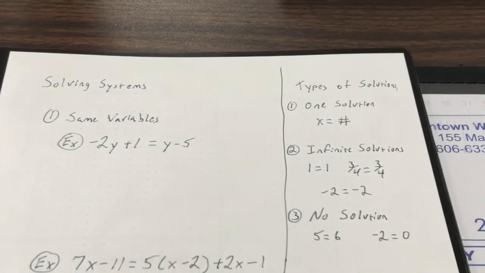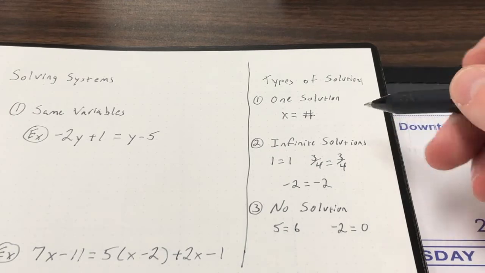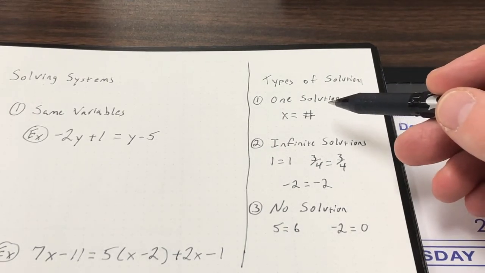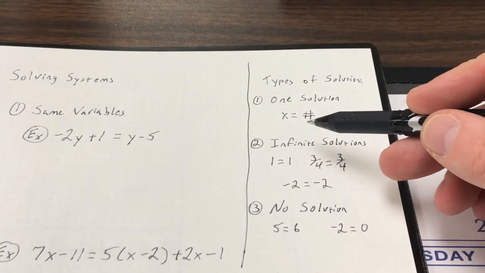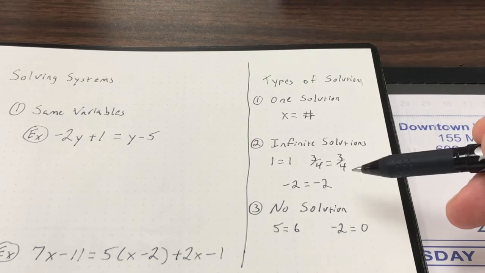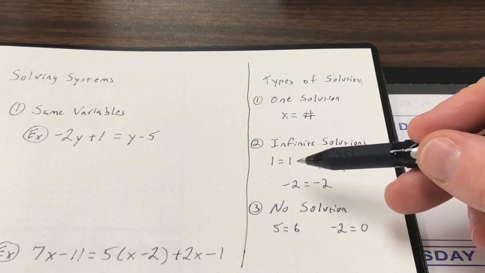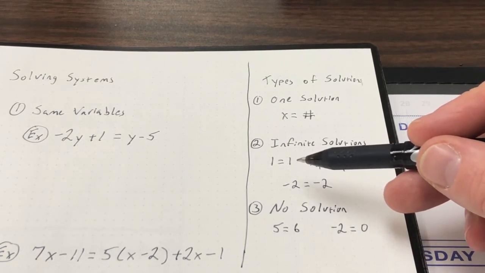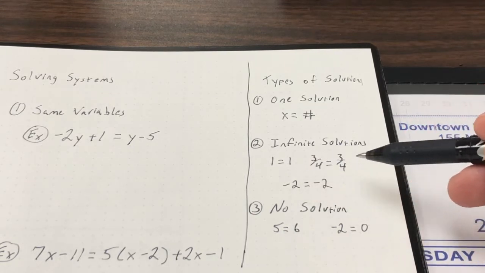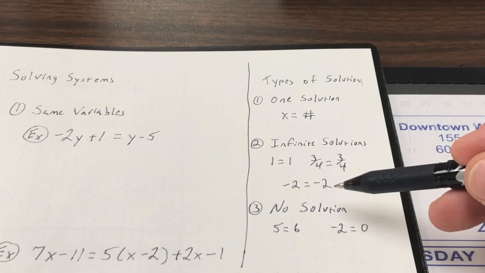What you have to keep in mind when you're dealing with systems is that there are types of solutions. You would have one solution where X equals a number, so you get down to just X equals one specific number. There'd be infinite solutions, where your variables will cancel out and you're left with like 1 equals 1, 3/4 equals 3/4, -2 equals -2.